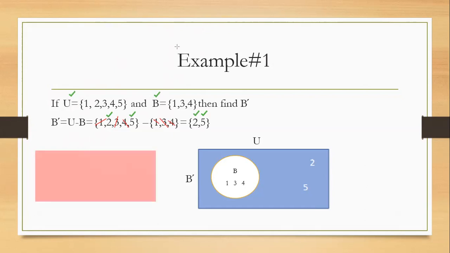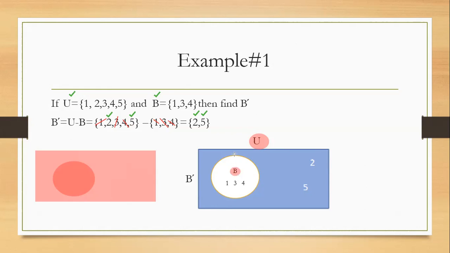The circle must be drawn inside because B is a subset of the universal set. Then mention the universal set over there because this rectangle represents the universal set, and mention B inside the circle.